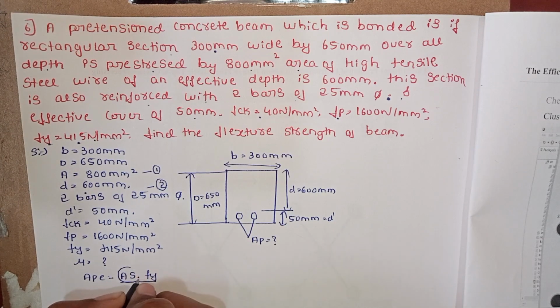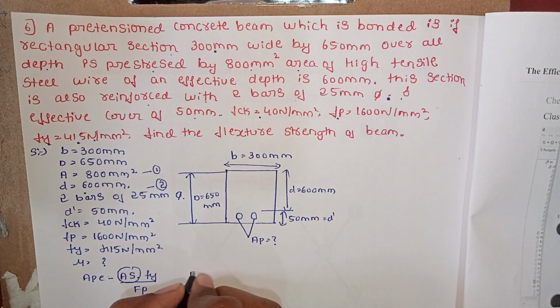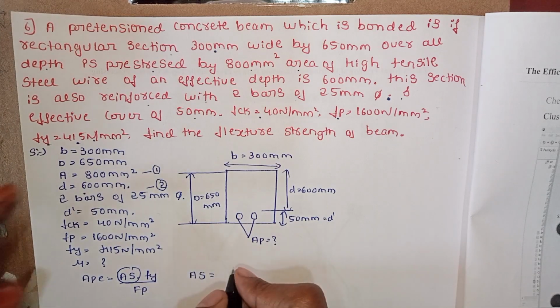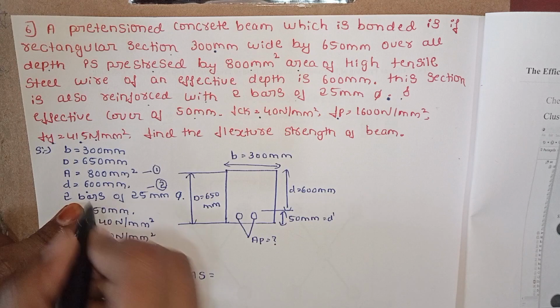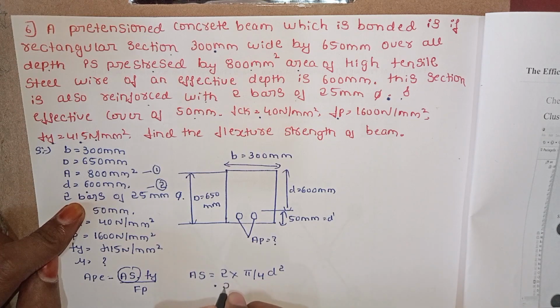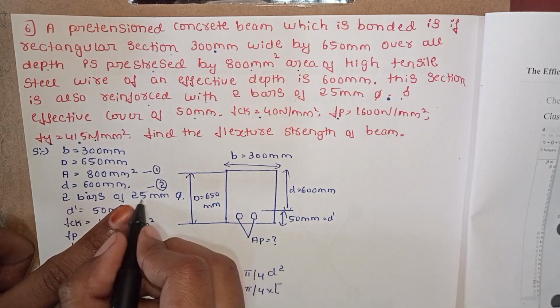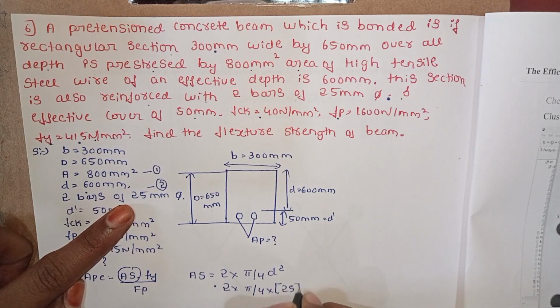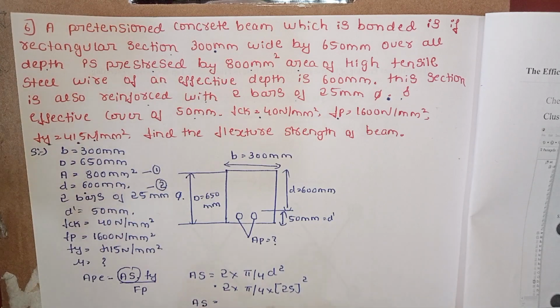We don't know the As value, so As equal to, here they give the 2 bars, 2 into pi by 4 into d square. So 2 into pi by 4 into diameter 25 square. We got As value as 981.25 mm square.